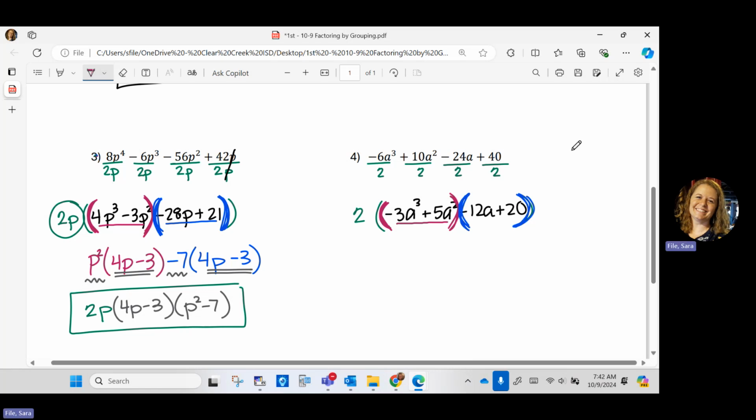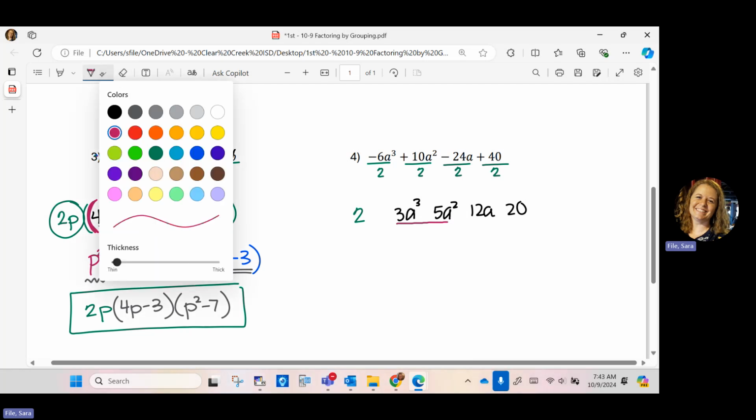You know, actually, I probably should have taken out -2 from everything because that would have made the lead term of both of those not negative. So I'm actually going to fix that first before I do anything here. Okay, I'm going to just change my signs here because I don't like having my lead term negative.